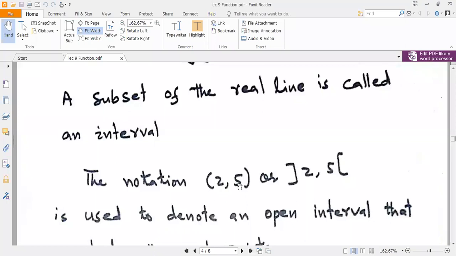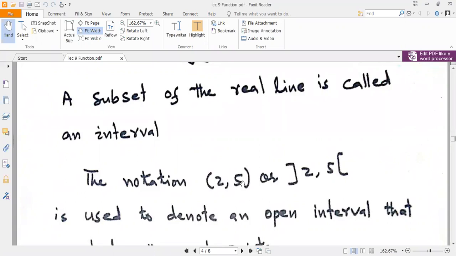Here (2, 5) means numbers between 2 and 5, just like 1.99, 1.5, and less than 5 means 4.9, 4.5, 4, 3, and 2.5, 2.001.